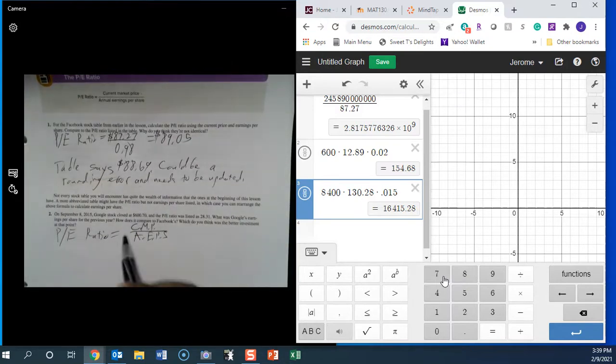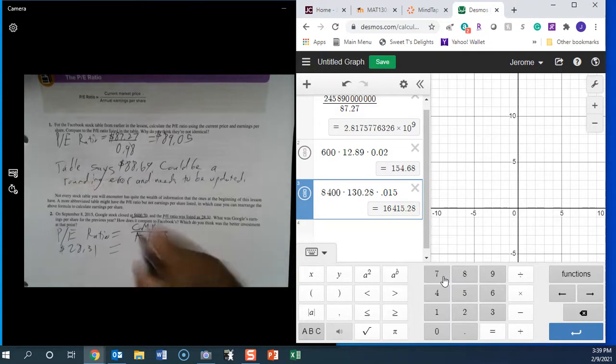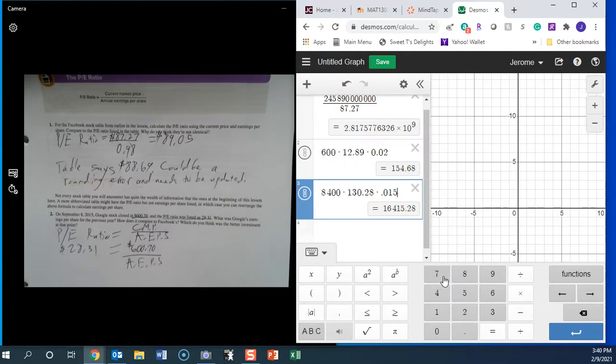We have the price over earnings ratio, which is given here, so that would be 28.31. Now, the current market price, they told us was $600.70. So we don't have the annual earnings per share. So that's what we're solving for.